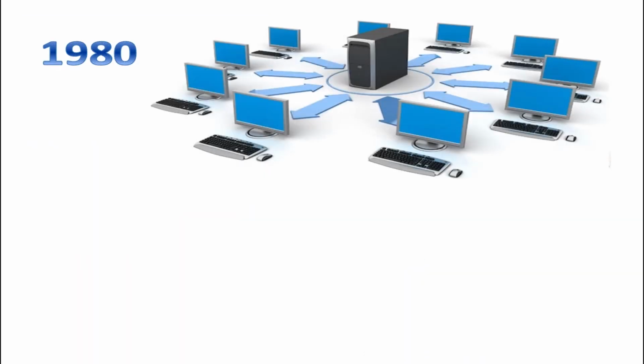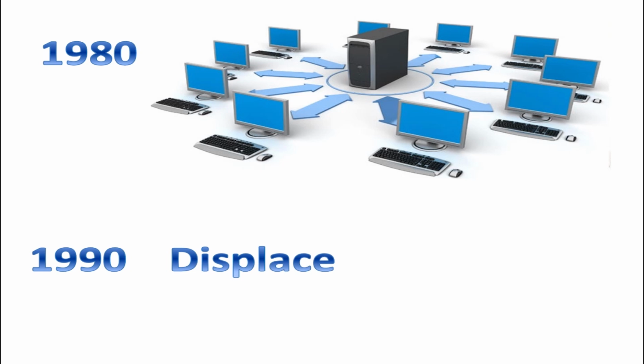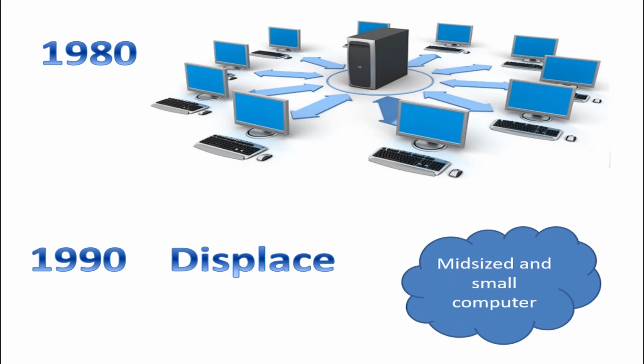In the 1980s, networks came into the picture, and these PCs developed into powerful systems in their own right in the 1990s. In many companies, they displaced mid-sized and small computers. Equipped with powerful database engines, such networks were in turn organized for MIS purposes.